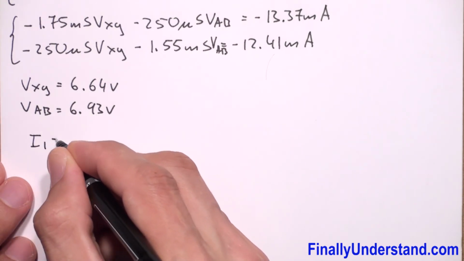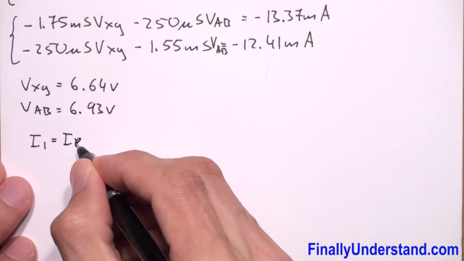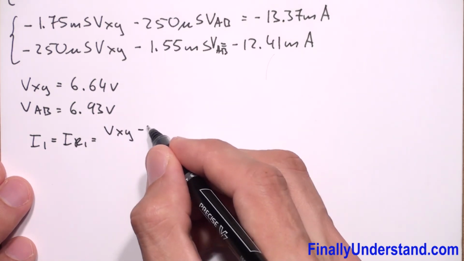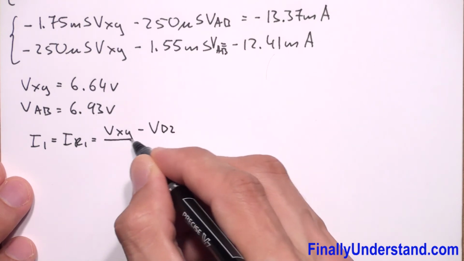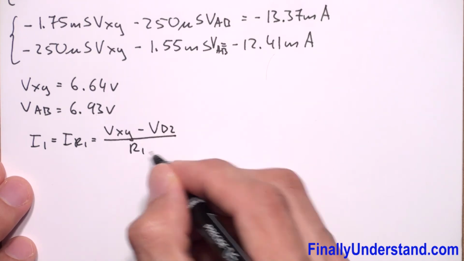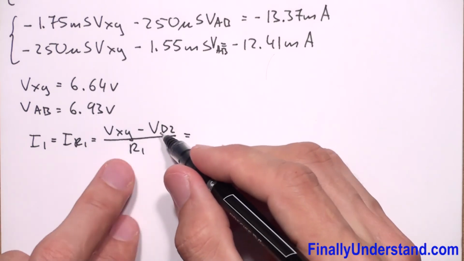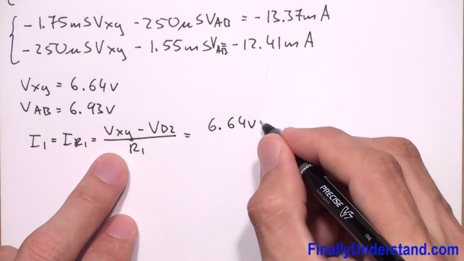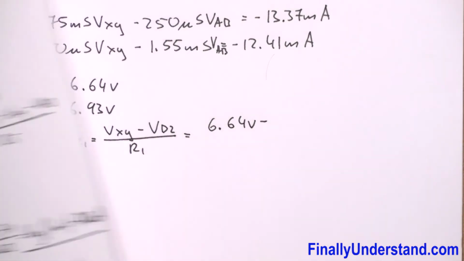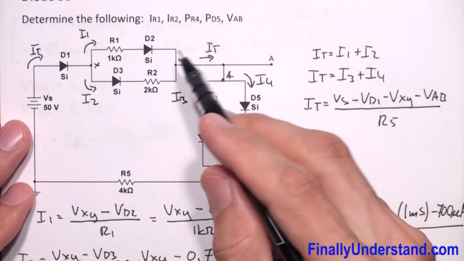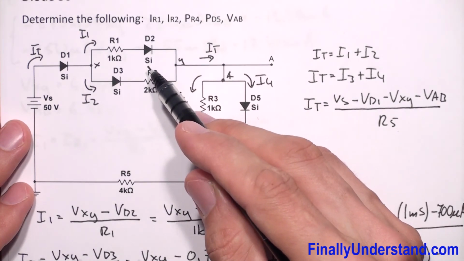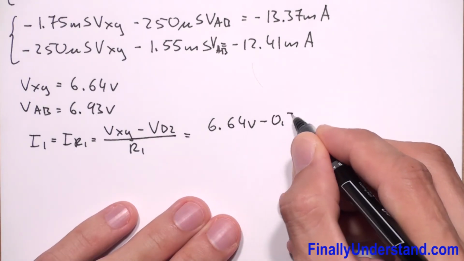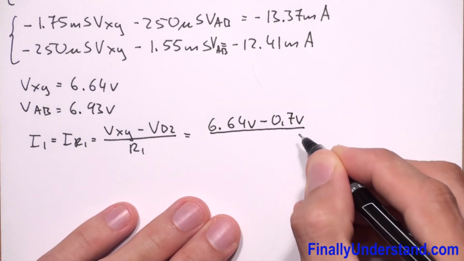I have I1 is equal IR1, and this is equal Vxy minus VD2 over R1, where Vxy we found is equal 6.64 volts minus VD2. VD2 is 0.7 volts because this is a silicon diode. Okay, so I have minus 0.7 volts over R1.